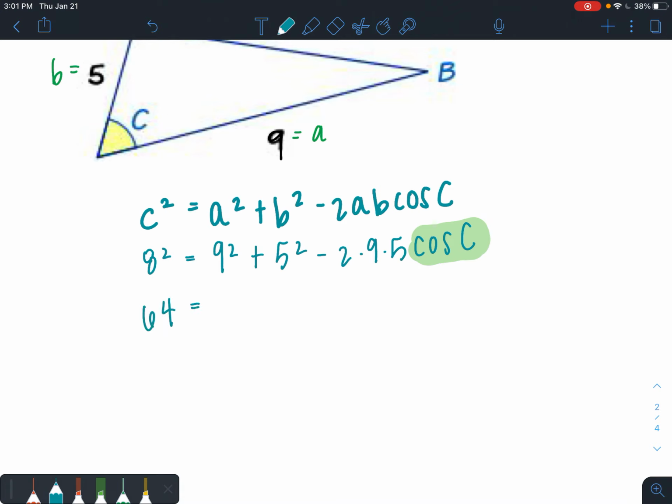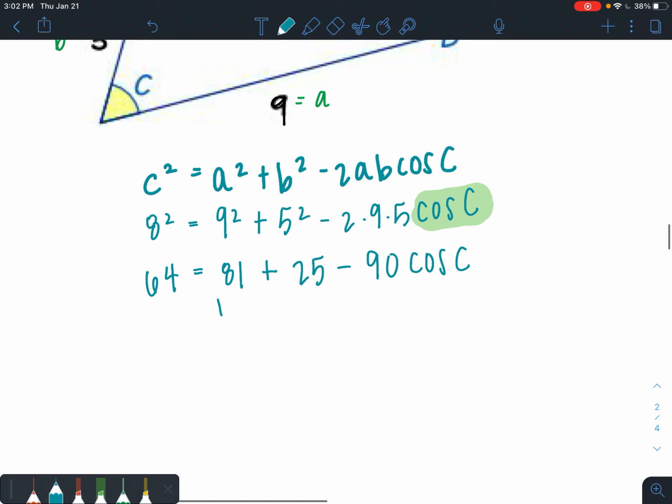8 squared is 64. 9 squared is 81. 5 squared is 25. 2 times 9 times 5 gives me 90 cosine of C. Now this and these are not like terms, so we can't combine them, but we can combine these.